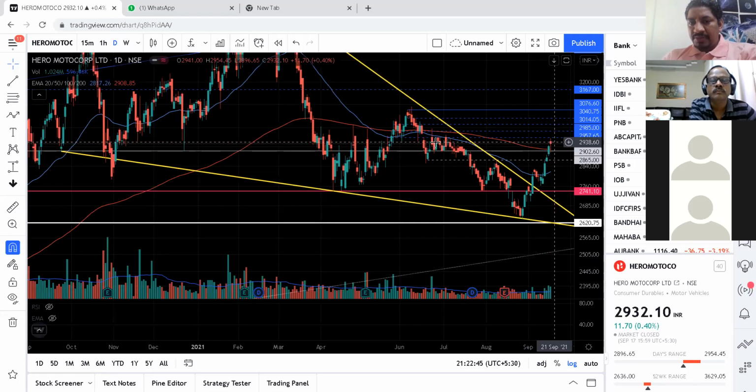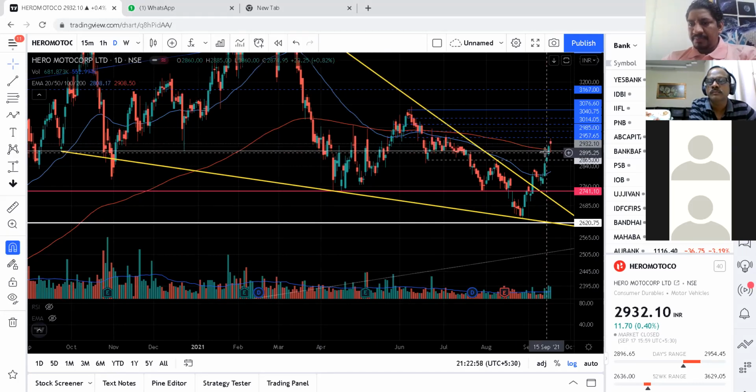Because this EMA is flattish, remember, this might not be the best support. Actually, it will act more like a resistance than a support. Remember, when the EMAs are flattish, don't think that it will be a great support.